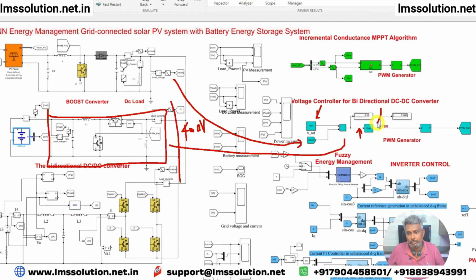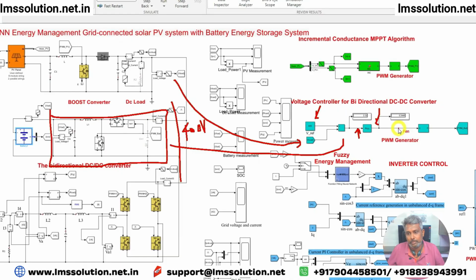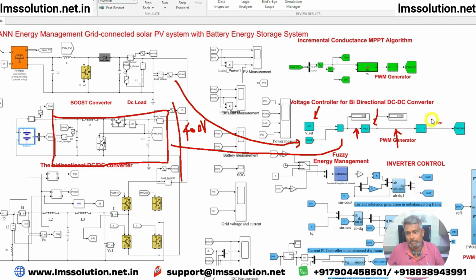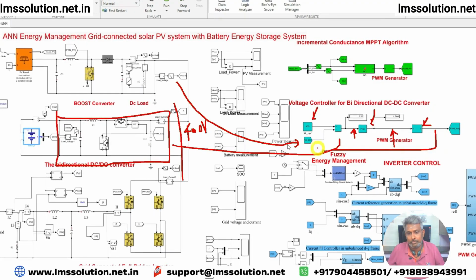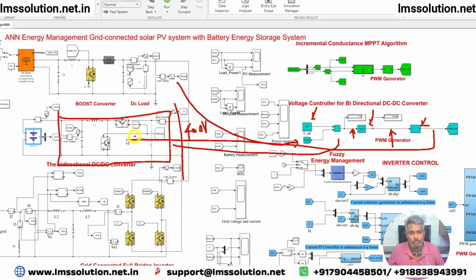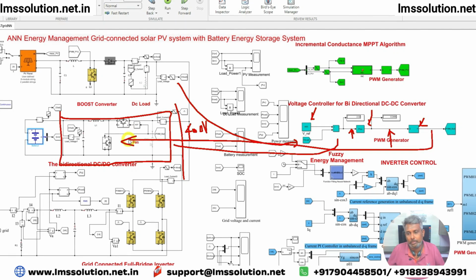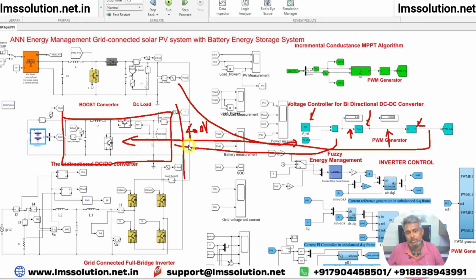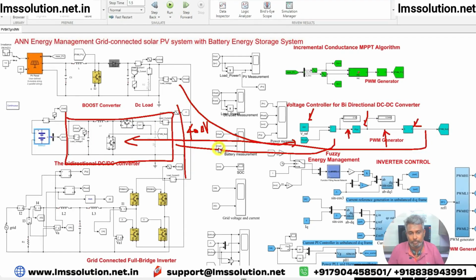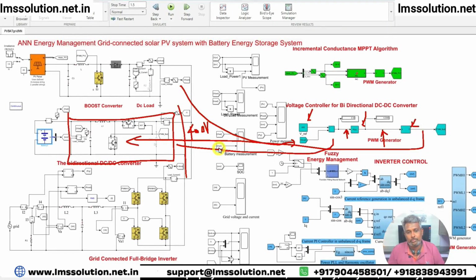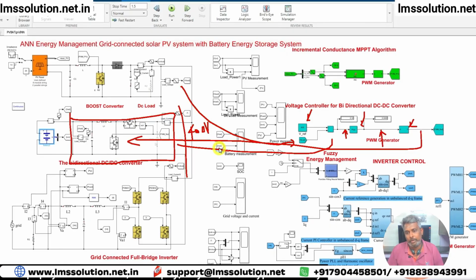The error voltage is processed via a PI controller to get the duty cycle, which is processed via the PWM generator to generate the pulse. This pulse controls these two switches of the bidirectional converter, which takes care of the DC bus voltage around 400 volts as well as the power flow between battery and DC bus, and DC bus and battery, according to the power balance in the system.